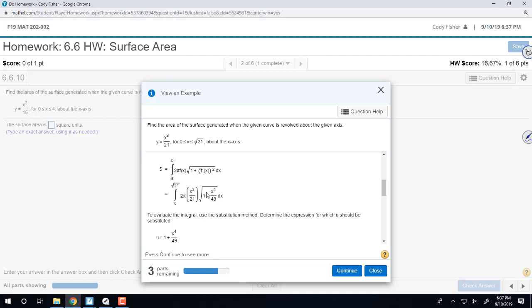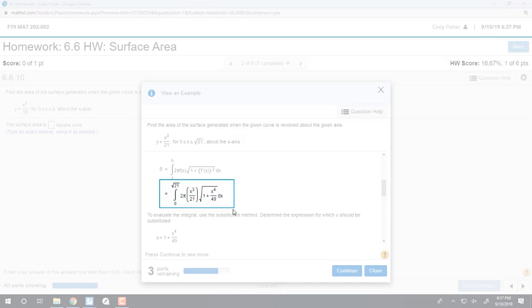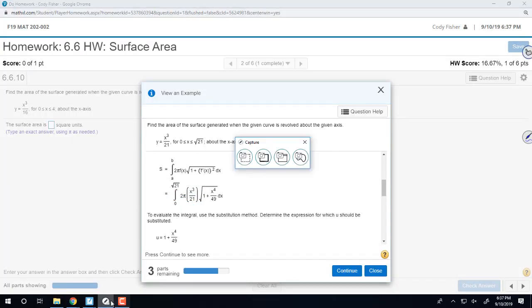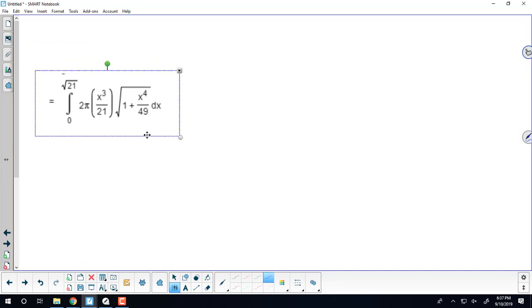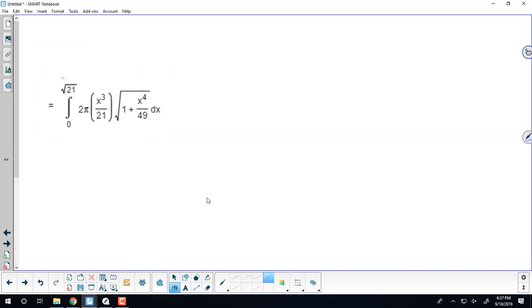And if you looked at 1 plus x to the 4th over 49 as 49 over 49 plus x to the 4th, then we have everything over 49, so we can take the square root of that 49 out as 1/7. So that would be the constant there. So let me just mention that here. This is number 2.